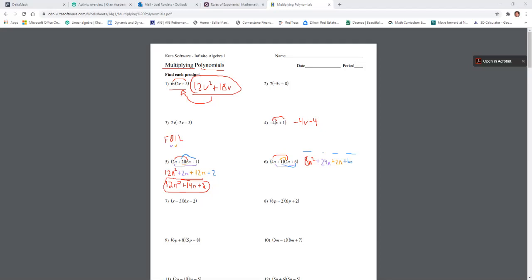And of course, I have to go and simplify. I can combine the 24n plus 2n. So what's the final answer going to be? Well, that's going to be 8n squared plus, now 24n plus 2n is going to be positive 26n.